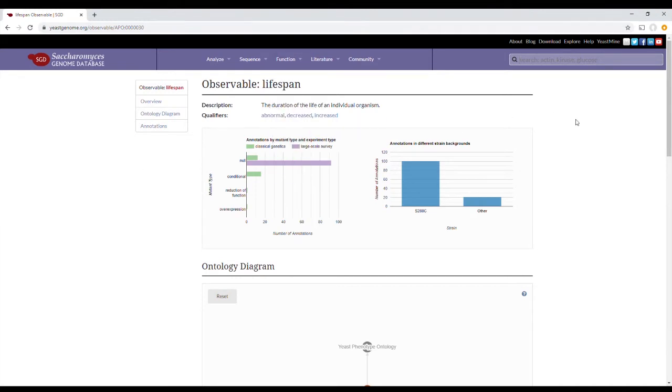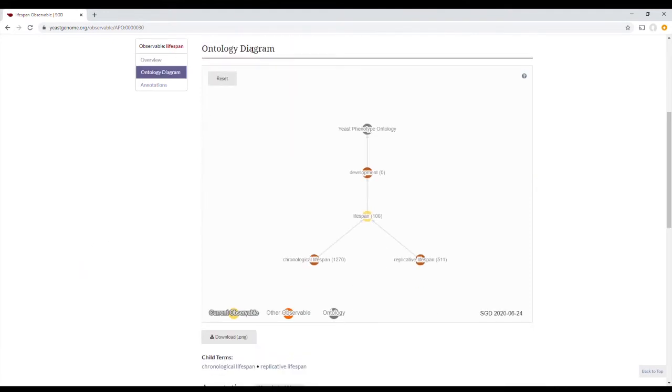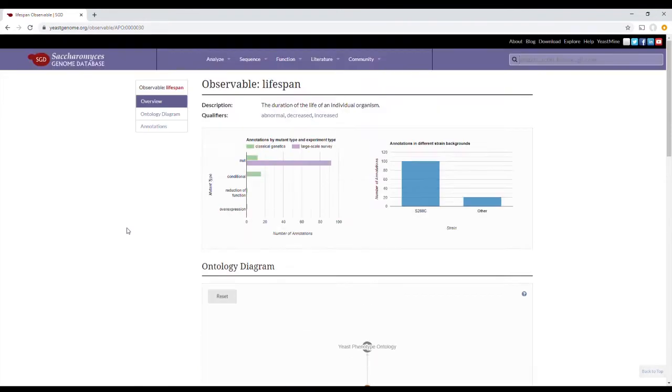Okay, so what this shows me is potential mutations, or the phenotype of a change in lifespan from the average lifespan of a yeast cell. Now, if I look up at the top here, I've got qualifiers: abnormal lifespan, decreased, or increased lifespan.